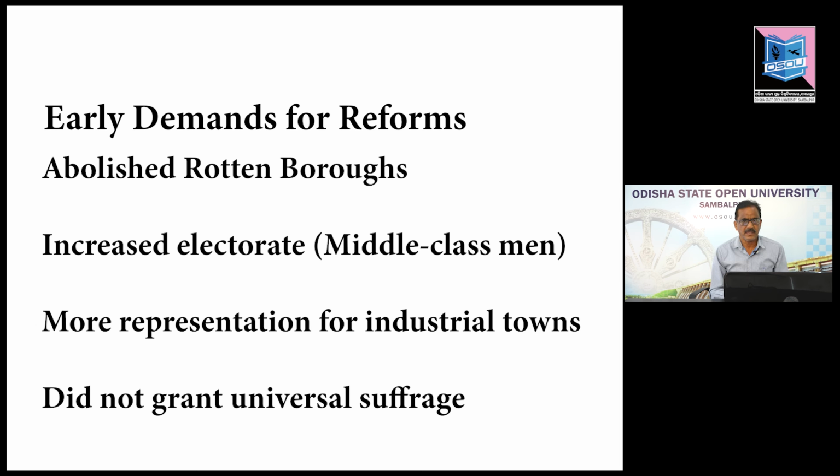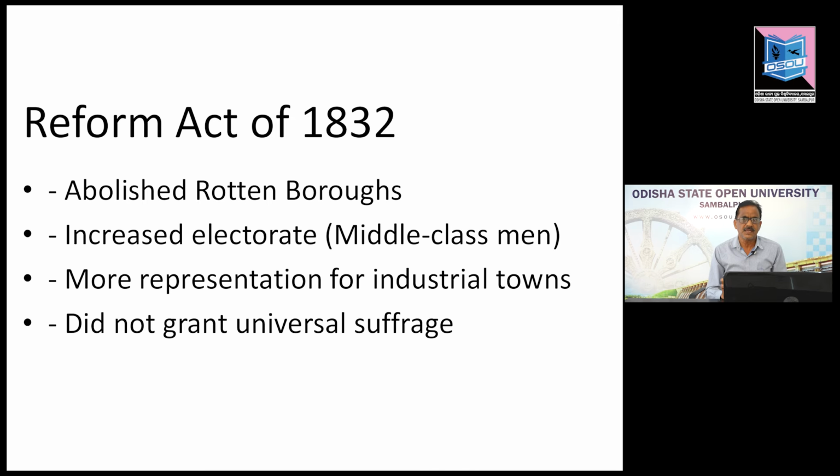Through the Reform Act, several major steps were taken to strengthen Parliament and gradually weaken the king's power, or monarchical absolutism. First, a major aspect of the Reform Act of 1832 was that it abolished the rotten boroughs, that means the limited representation by the landlords was abolished.